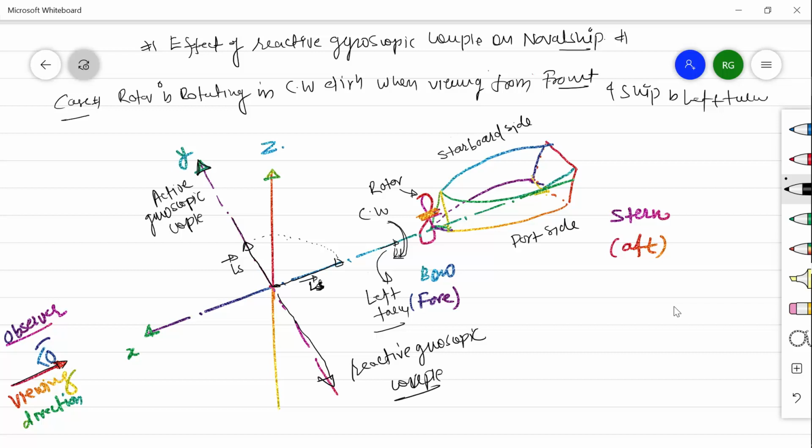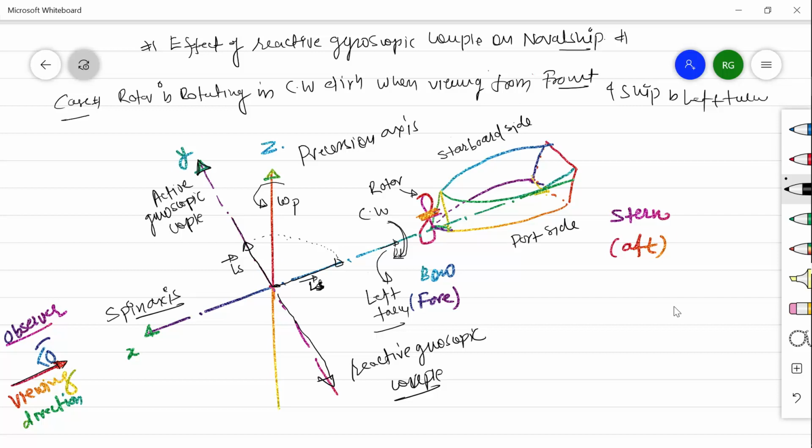And this ship precesses about this z axis, so this would be our precession axis, and let's say it precesses with omega p velocity, and this is our spin axis.